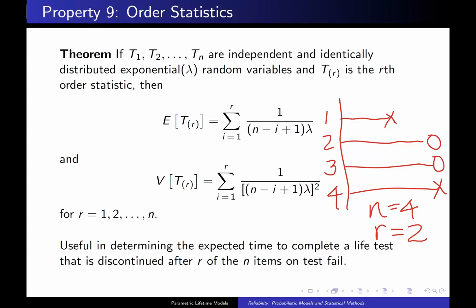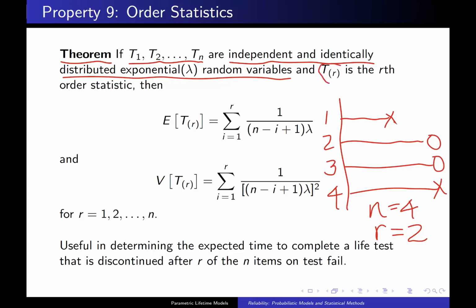So here is a theorem that you can use in that particular setting. T1 through Tn, and that's our T1 through T4 in this case, those are IID exponential lambda random variables. So if these are light bulb lifetimes, then all of them are identical light bulbs, same brand, same wattage.